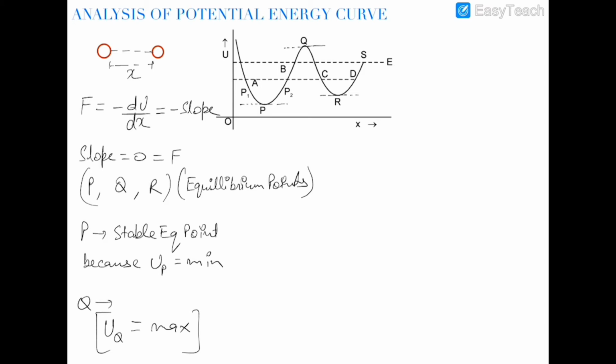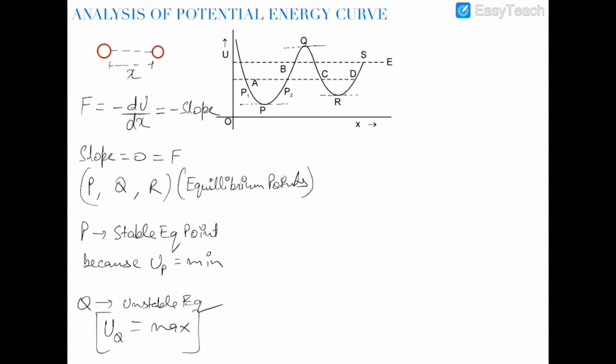You might imagine that this other point is higher than Q, meaning its potential energy is greater than that of Q. But we are talking about the points of equilibrium, and among these 3 points, Q has the largest potential energy, so Q will be the unstable equilibrium point, because the potential energy is maximum at point Q.